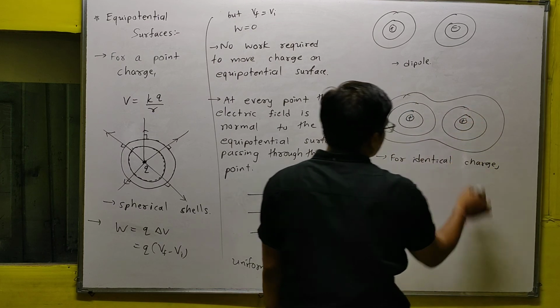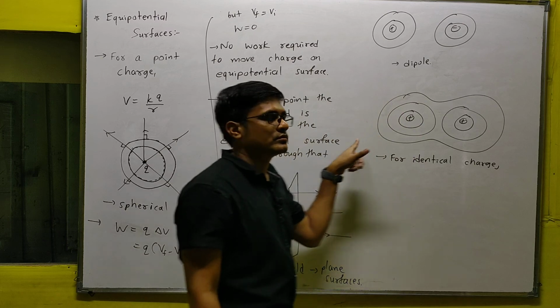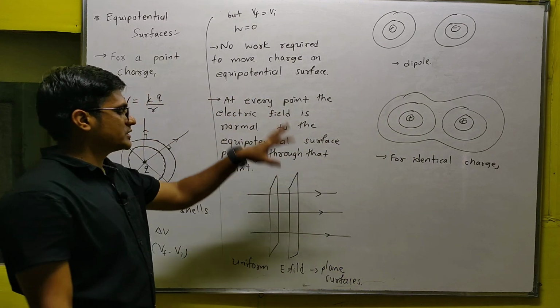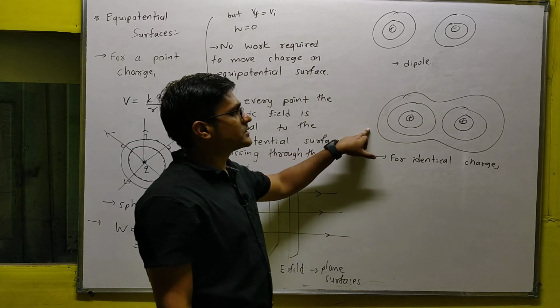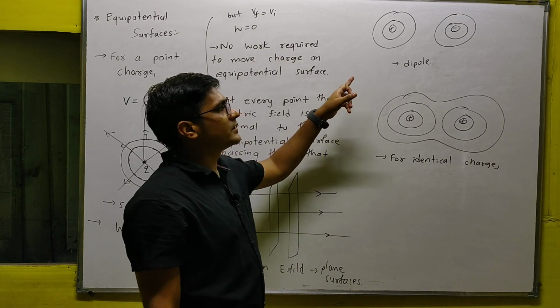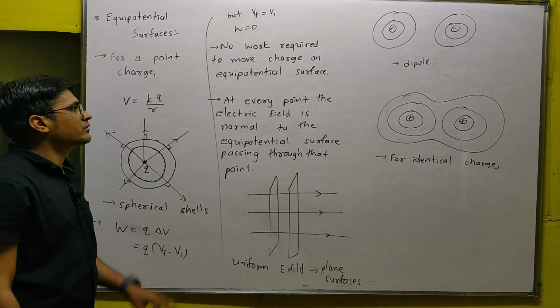This system of identical charges also has some common surface. So you have to remember these points. In MCQs, sometimes they ask this question: which type of equipotential surfaces are for which system. You have to remember this.